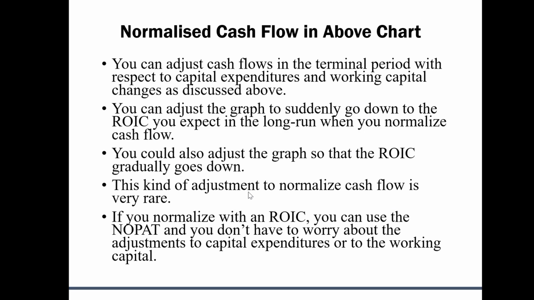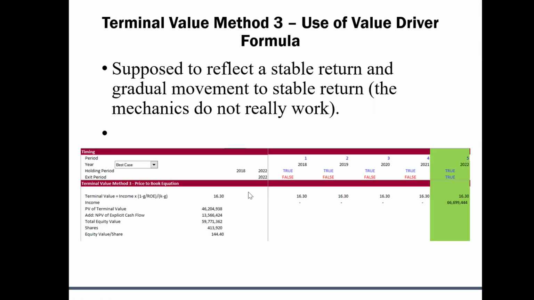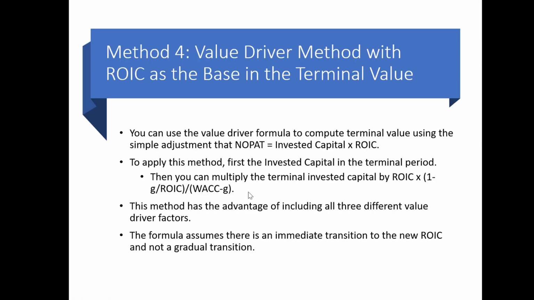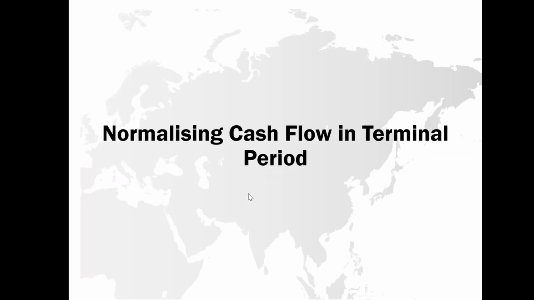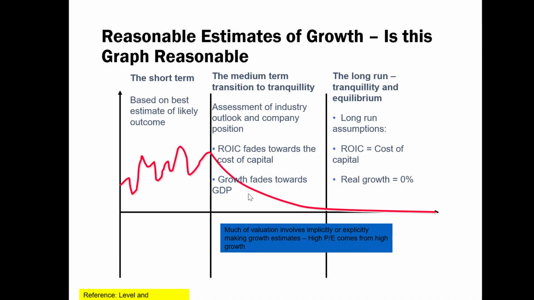Okay, so now I'm going to use this kind of graph in the terminal value with this ROIC, (1 minus g/ROIC) divided by (WACC minus g). Now, I had naively assumed, before I read this, that we had made some progress since the 1970s.